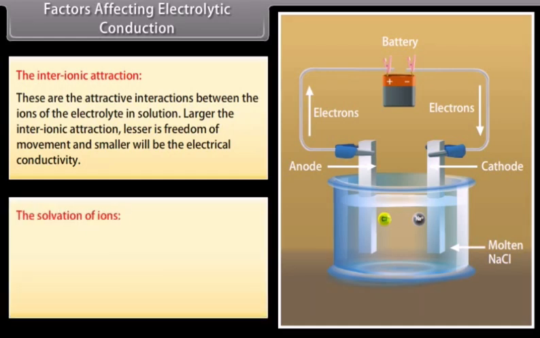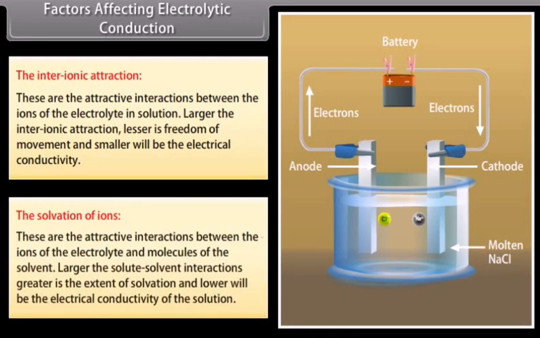The solvation of ions: these are the attractive interactions between the ions of the electrolyte and the molecules of the solvent. The larger the solute-solvent interactions, the greater is the extent of solvation and the lower will be the electrical conductivity of the solution.